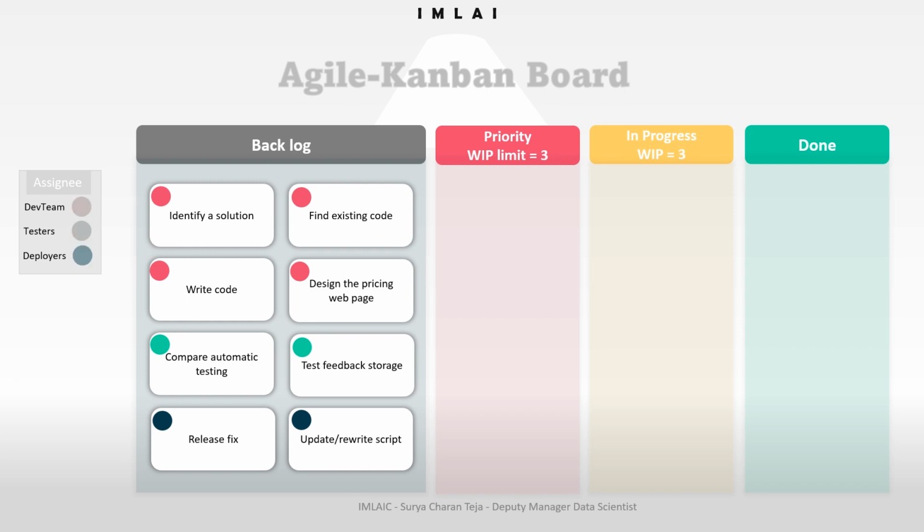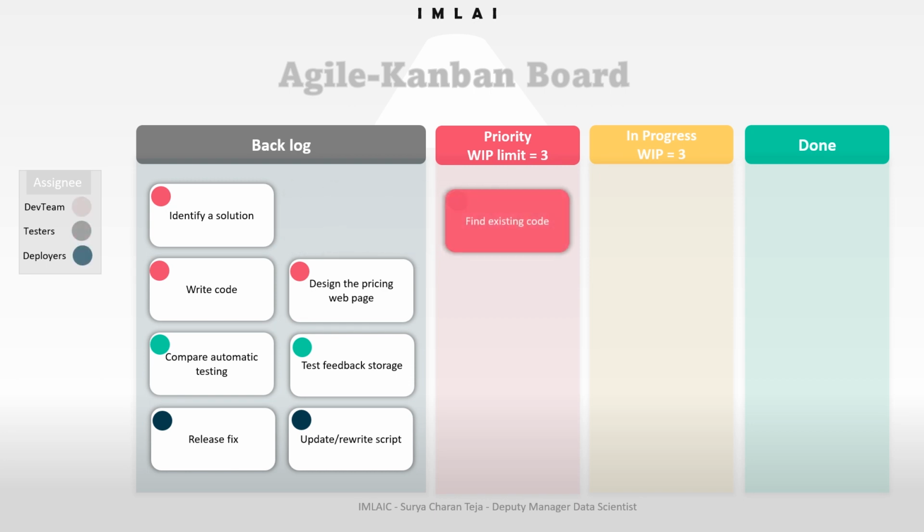So now how do we proceed further? In the Kanban board, each team will prioritize the tasks, and whichever has the higher priority should be done first. Once it is done, then they can go for the next task. This is how the tasks will flow one by one.